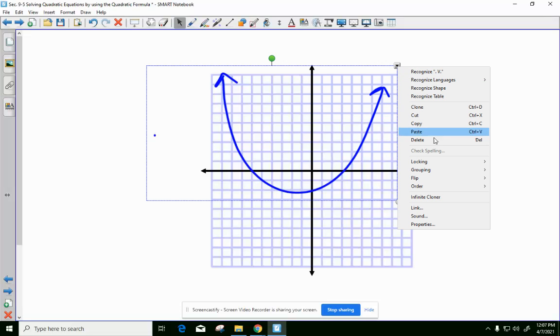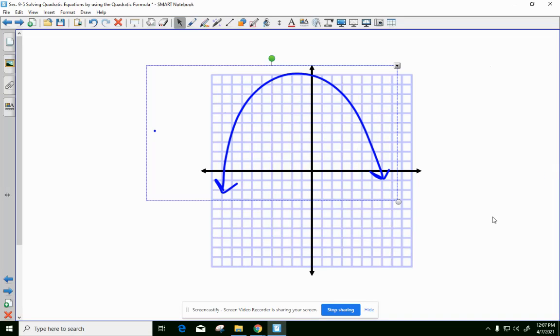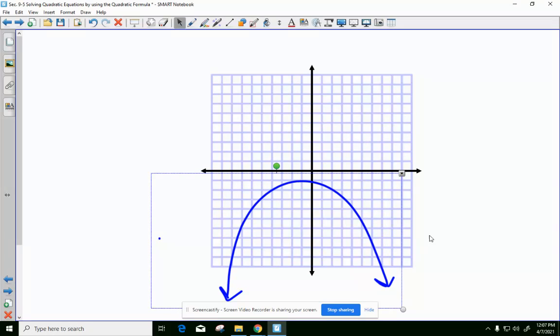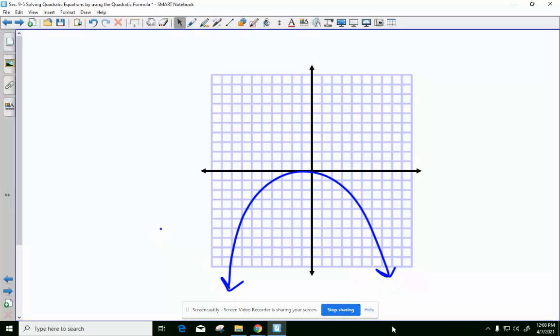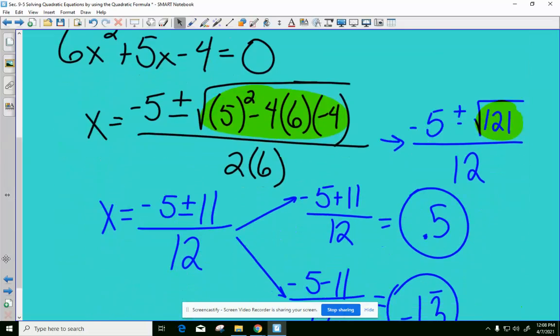If I flipped it vertically, and then you said it was down here, that doesn't cross at all. So there's no solution there. Or obviously the third possibility would be if it just barely touched. If it just touched the x-axis, then there would be one solution. So somehow this quadratic formula has to play that same idea. So when you said, is there always going to be two? The answer is no. And so that's where that discriminant comes into play, we'll talk more about that in a second.